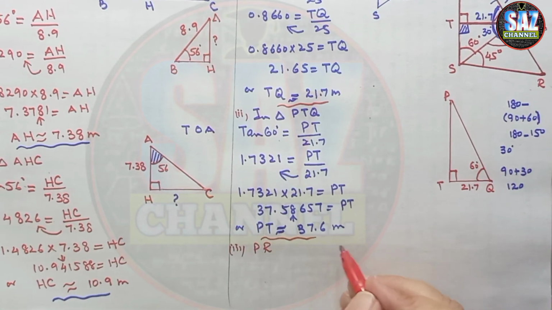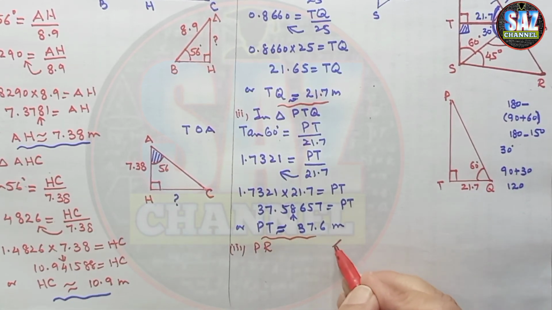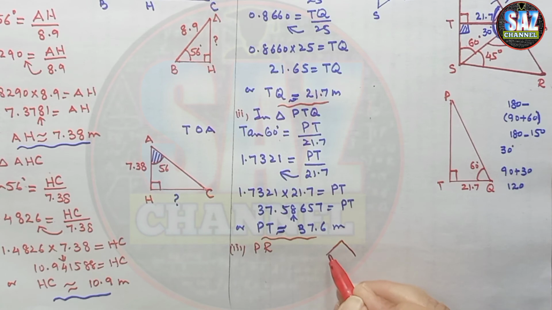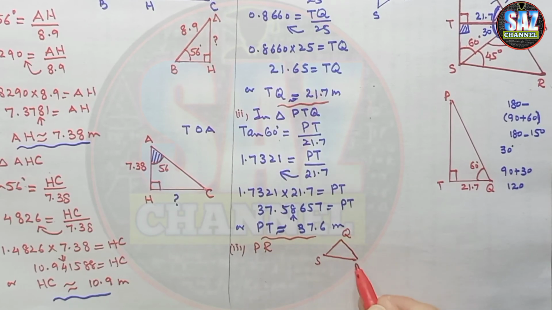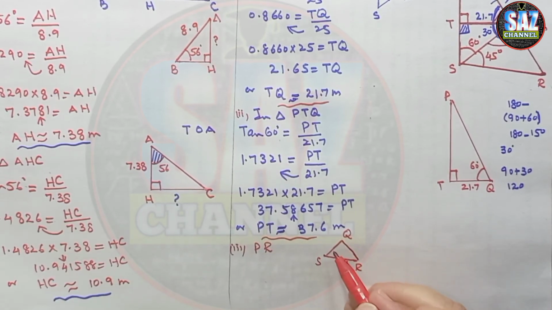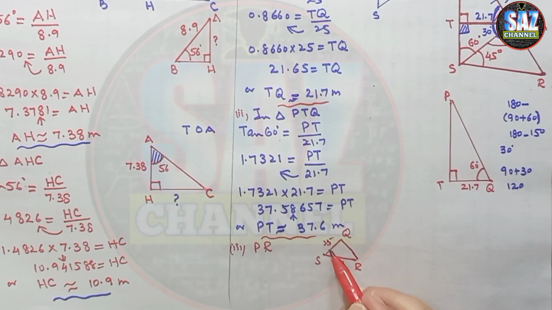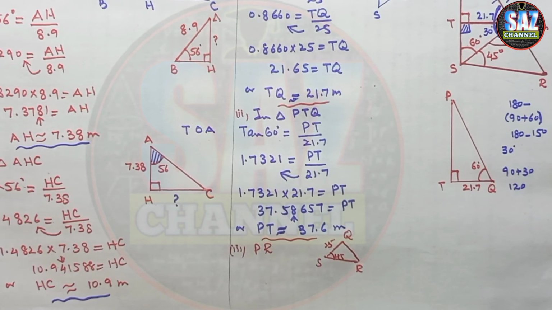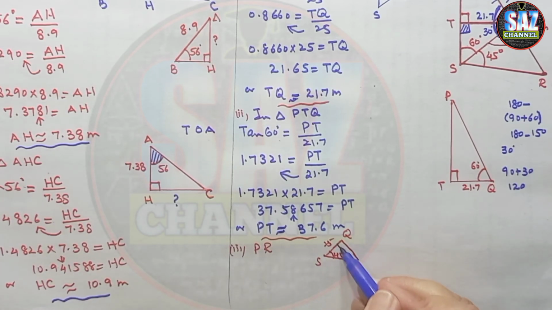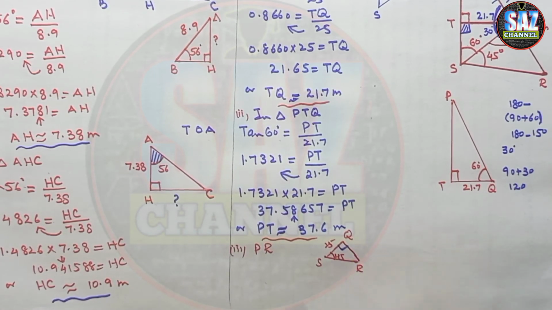If we focus our attention on the triangle QSR, we can see that this side is 25, this is a 45 degree angle, and this is the 90 degree angle given here. If this is 90, this is 45.